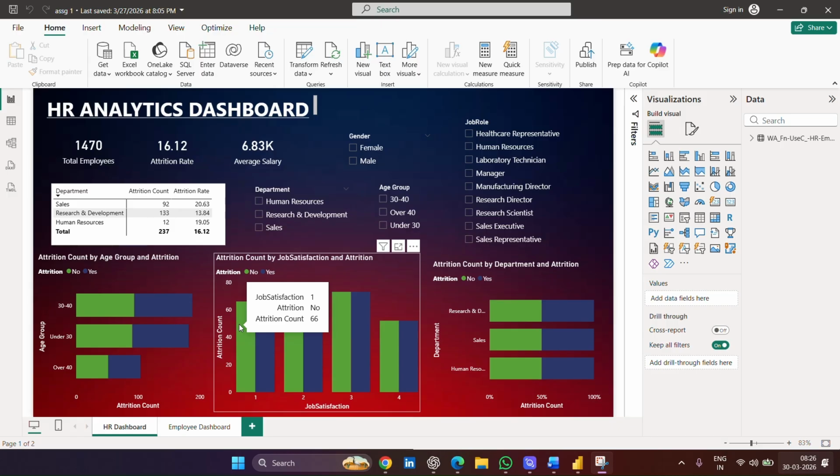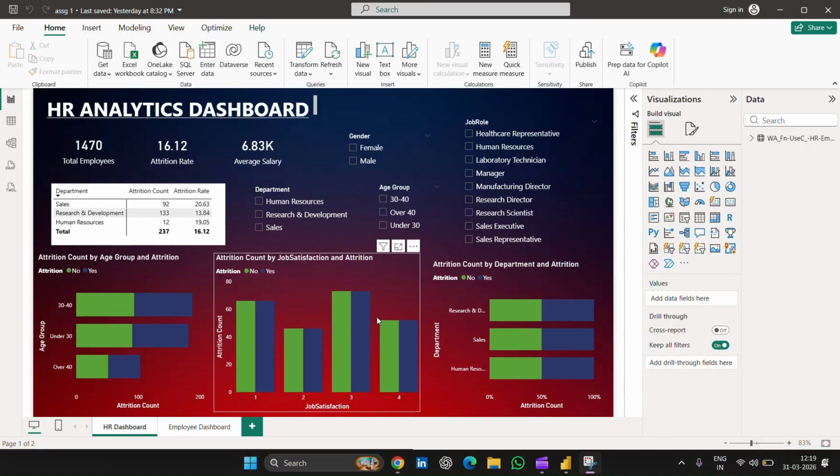Then the second chart, attrition by job satisfaction. This chart shows the relationship between job satisfaction and attrition. Employees with low satisfaction levels have higher attrition, whereas employees with higher satisfaction tend to stay in the organization. This clearly indicates that job satisfaction is one of the most critical factors influencing employee retention.